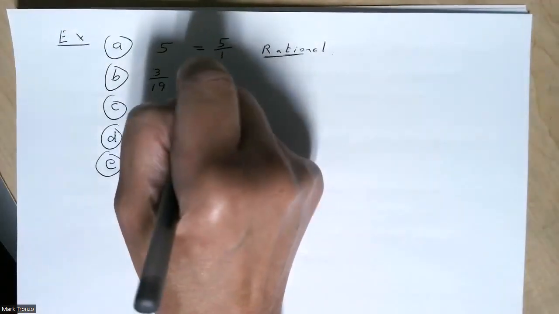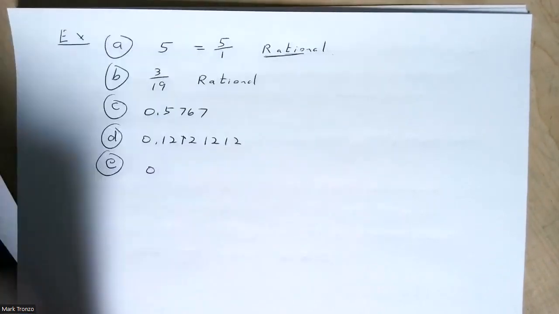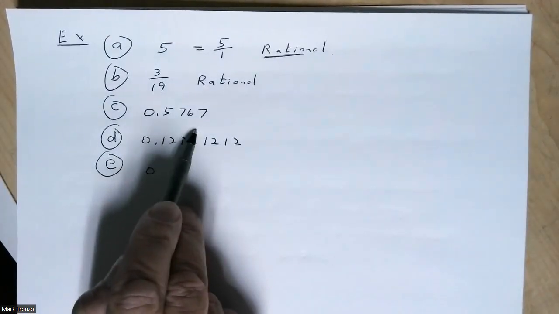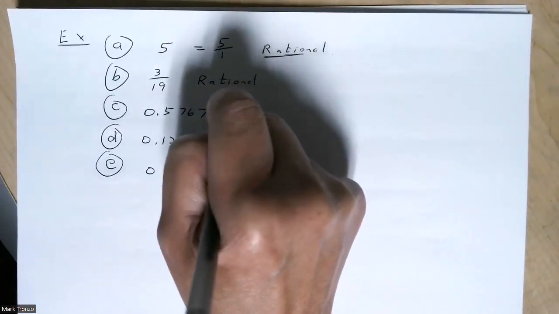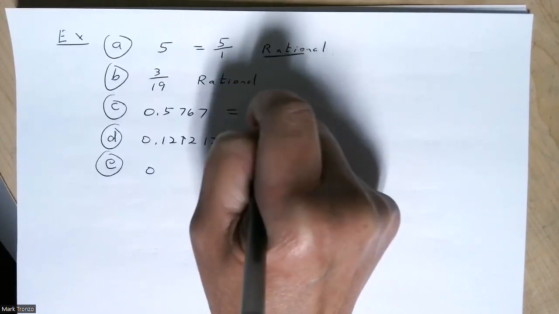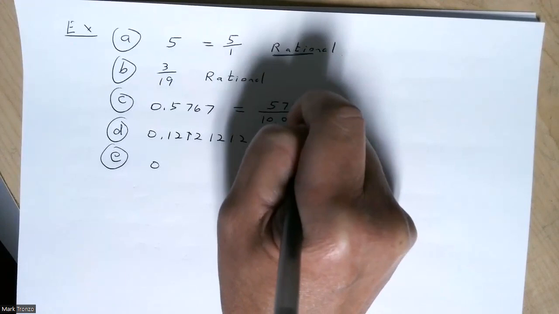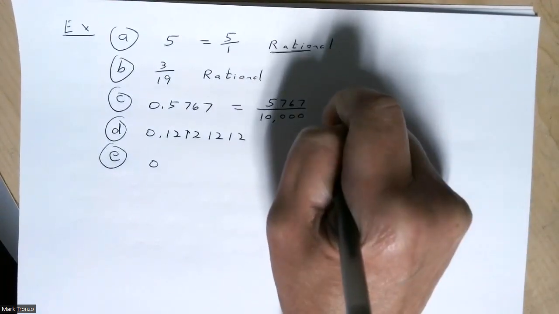And 3 over 19 is obviously rational. And what about this number here? Notice you could actually write that as 5667 over 10,000. So that's rational.